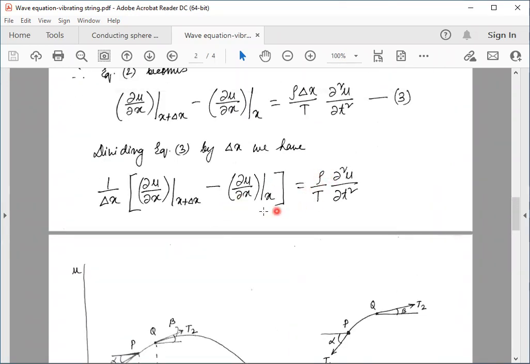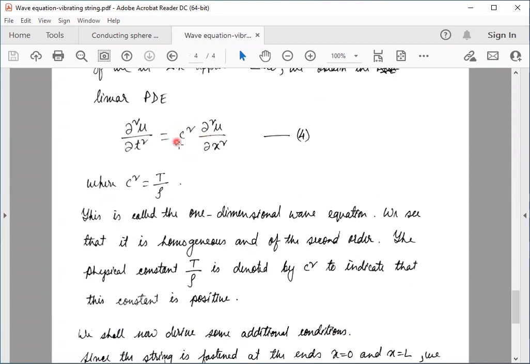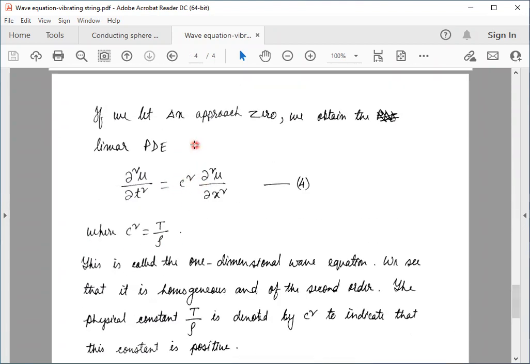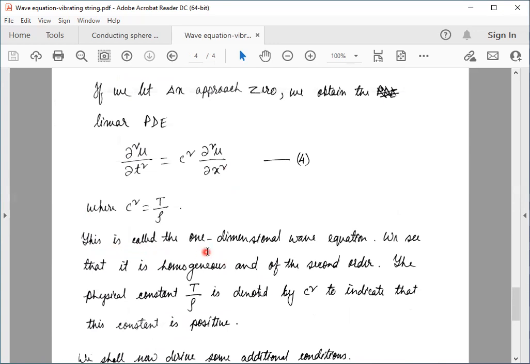This term rho by T, if I bring it to the left, becomes T by rho, and T by rho we write as c square. So if we let delta x approach 0, we obtain the linear partial differential equation, where c square is equal to T by rho. This is called the one-dimensional wave equation.